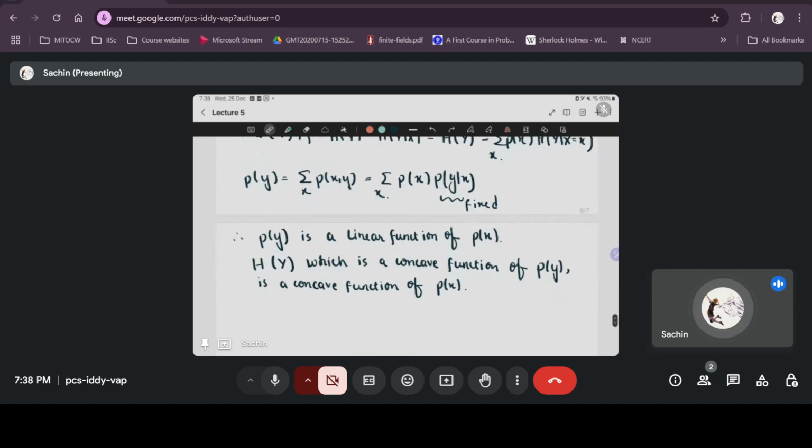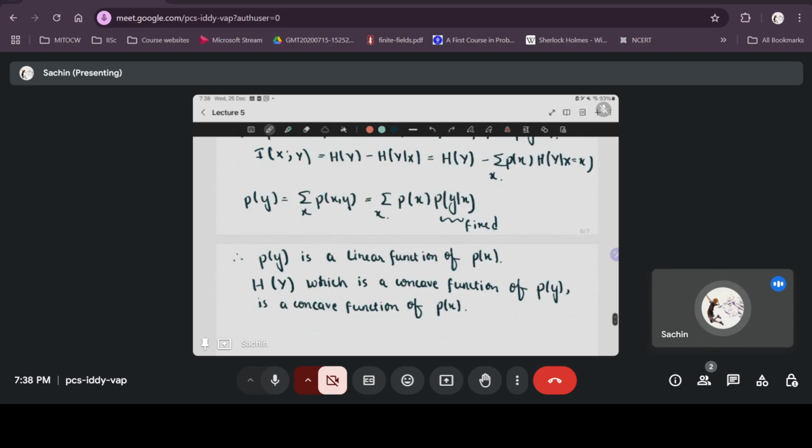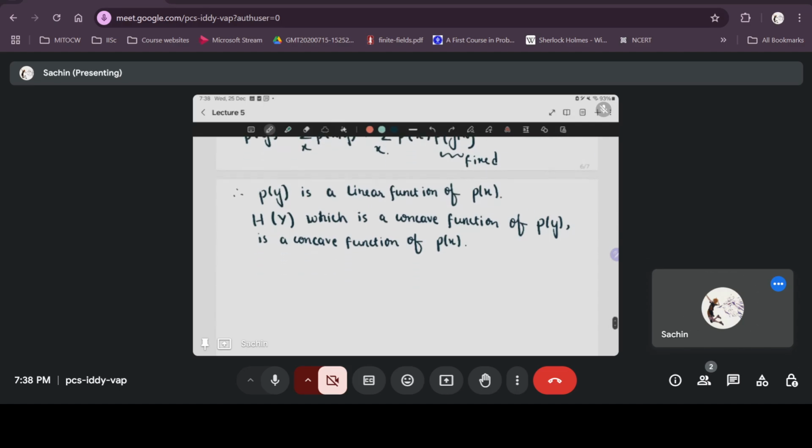Coming to the second term, you have summation of p of x, h of y given x is equal to x, which for each value of x, you take p of x and multiply that with h of y given x is equal to x. So when you take h of y given x is equal to x for a particular value of x, let me do this.